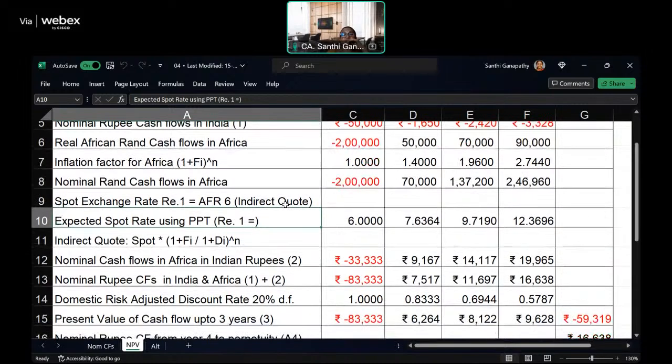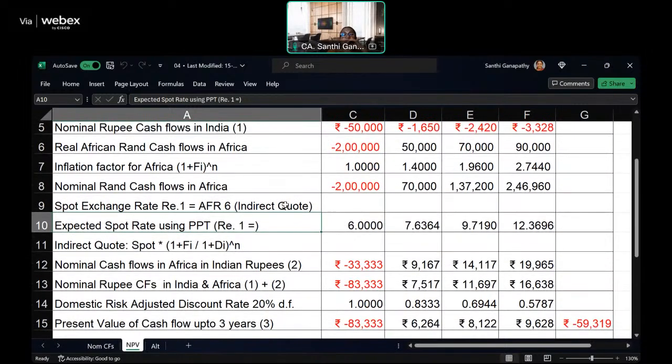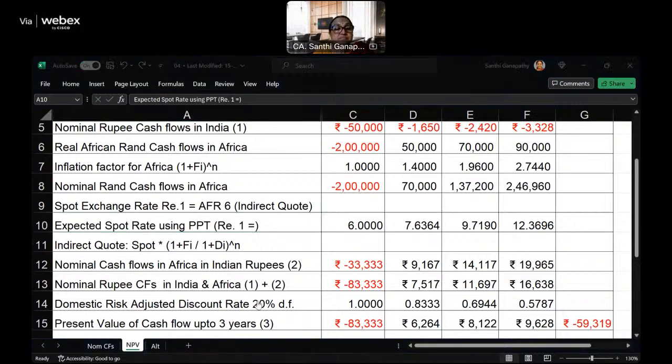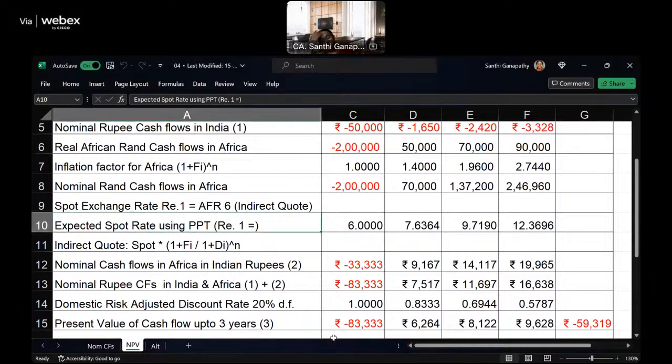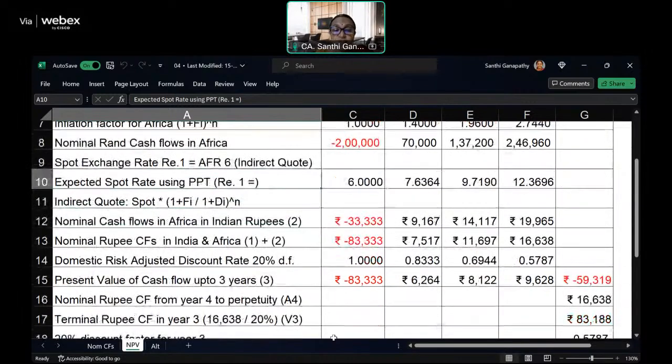Then employ the risk-adjusted discount rate and get the present value. So we have found the present value of the cash flow.